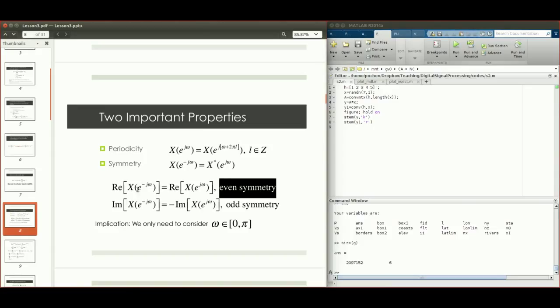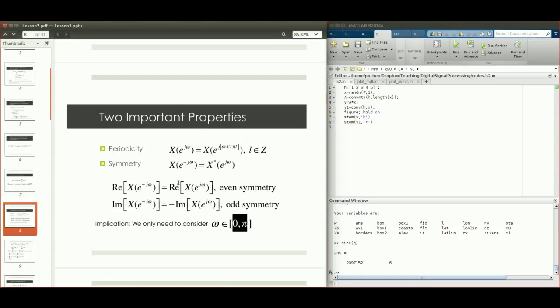It's an even function of omega, and the imaginary part is an odd function of omega. The implication is that you don't even have to look at an interval that's 2 pi long. All you have to do is look at an interval that's pi long, because it's symmetric.